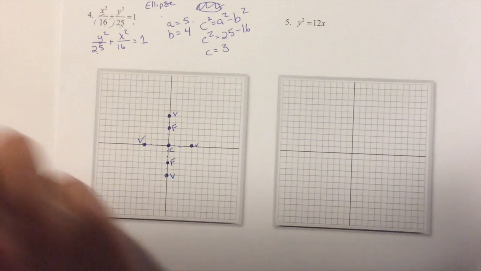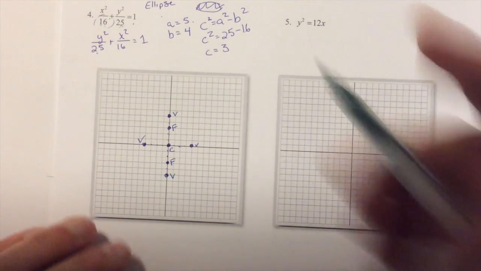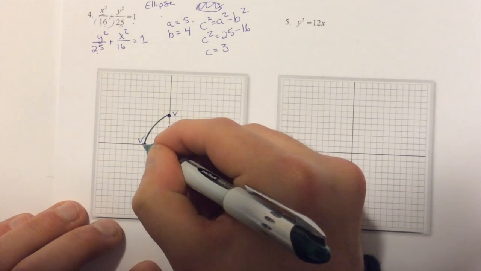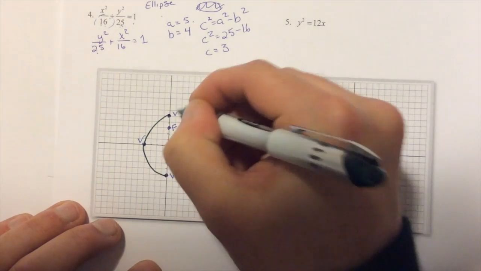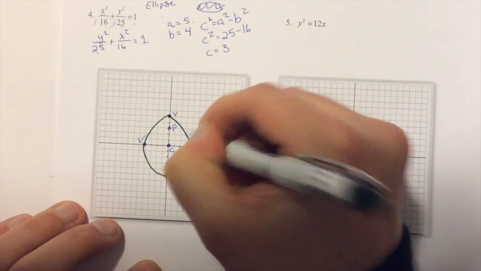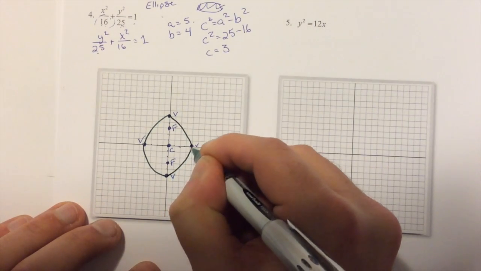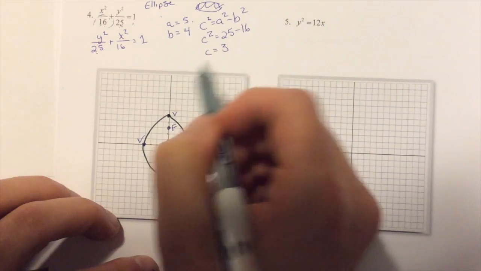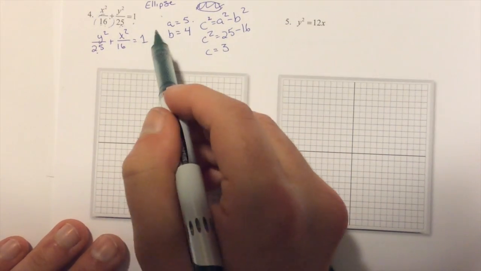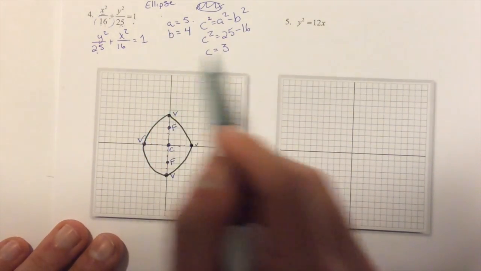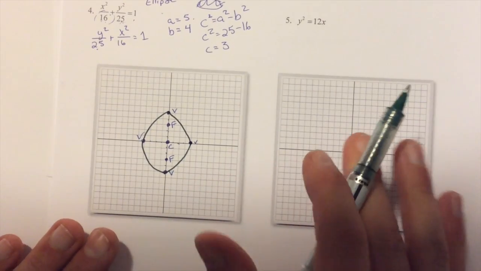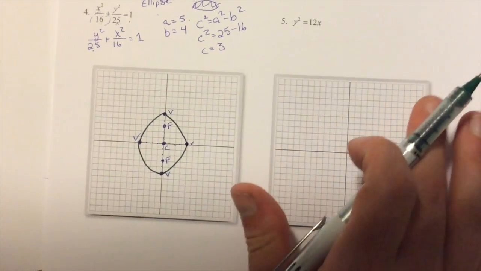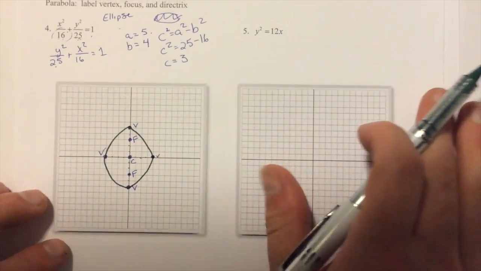So I think I have everything I need to draw the shape from one vertex to the other. There we go. Now if we didn't see that a was the largest number, even when we wrote a is 16 or a is 4, b is 5, we should automatically see that we have to switch those two in order to get the right graph. I'm glad I caught that before we kept going, or else we'd have to redo this whole video.